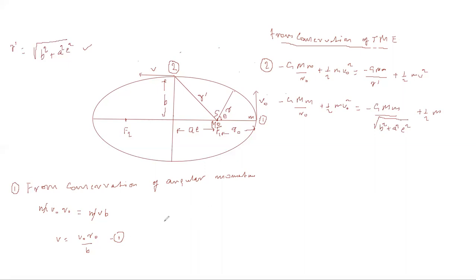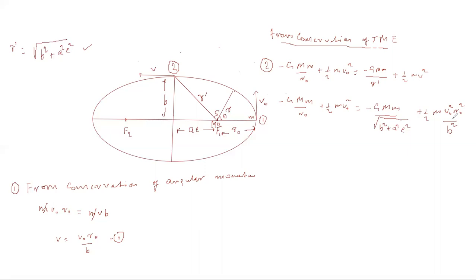So equation number 1, we'll also have to square it. So it will be v naught square r naught square upon b square. So this is what we have.